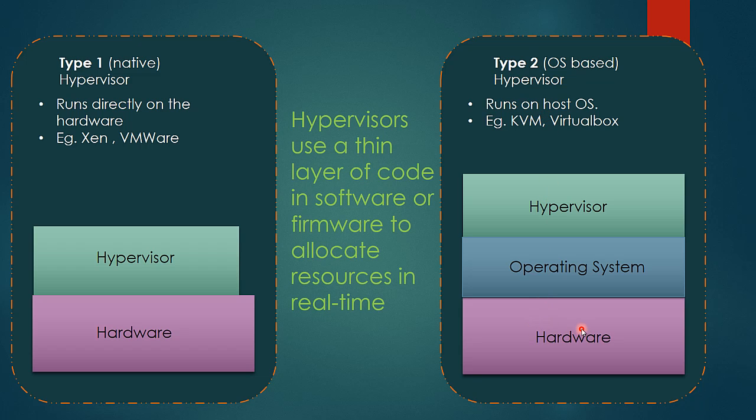So you have your hardware, you have an operating system like Linux, and you have a hypervisor like KVM or VirtualBox running on the operating system, and on top of this hypervisor you can create your own virtual machines. In OpenStack, we are going to use KVM most of the time, though we can directly use VMware and Xen. We have these options.